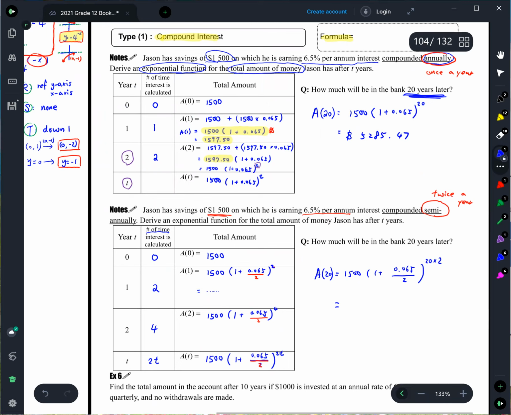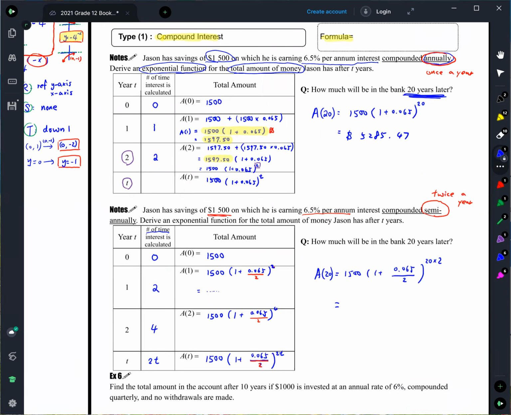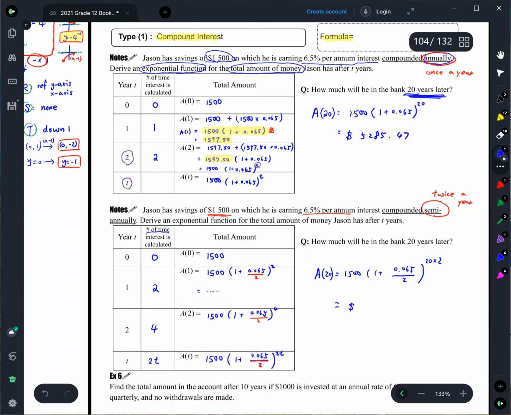Okay, Eric, what's the number you got? Eric, how much do you have? Hold on. I think it's a bit weird because my calculator wrote the number in a weird way. Okay. Let me read. Oh wait, no, it's fixed now.